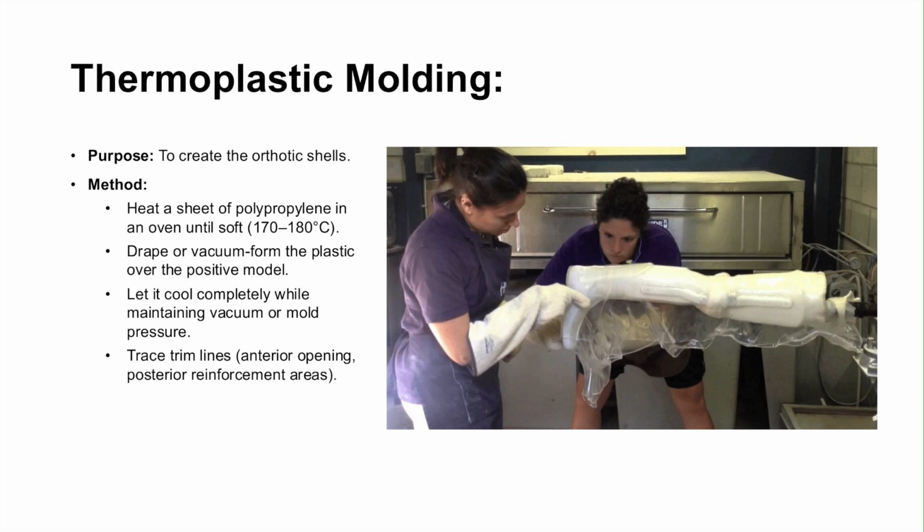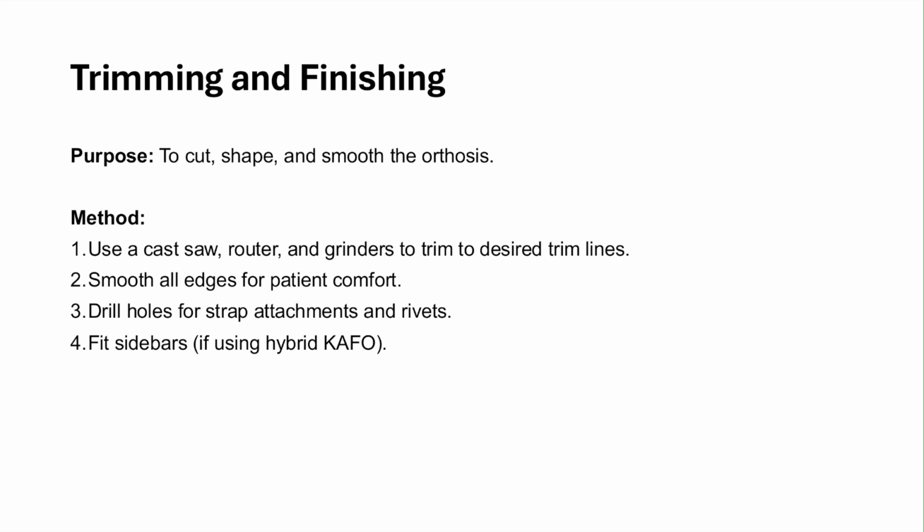Okay, and then we have trimming and finishing. Once the thermoplastic is cold, the rough orthosis is cut and shaped. Openings are made for straps and locks, the opening in front, and then edges are rounded using a grinder and hand tools to prevent any sharp contact points. Every edge must be finished smoothly, especially around the popliteal area.